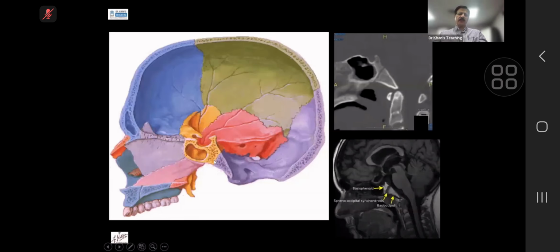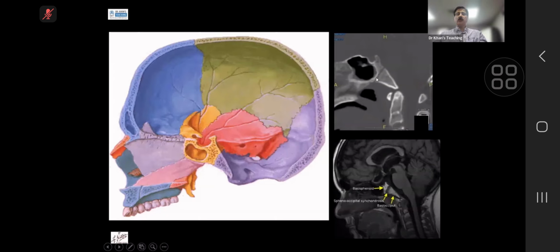Now, if you see here, this is your clivus. As I was telling you, the clivus is made up of two bones. One is the occipital bone, and this is the basisphenoid or the sphenoid bone. In a growing skeleton, there will be a synchondrosis there. There will be a joint, and this shows on a CT scan. So don't get confused.